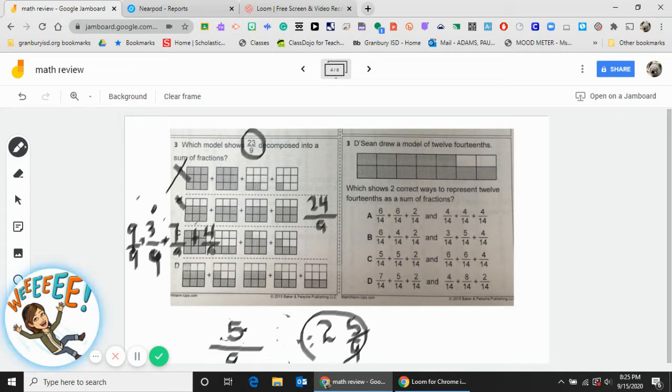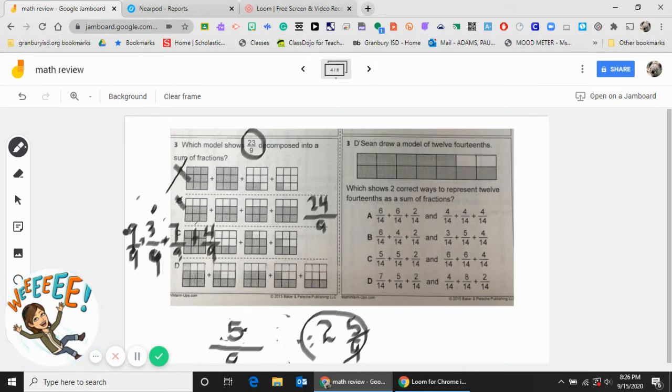Do you notice when we're adding all of these across, what do you notice about the denominators? Oh, yes, I heard someone yell out, the denominators are all the same. They have to all be the same number. In this case, it's 9. And then we just add the numerators, or the pieces that were shaded.